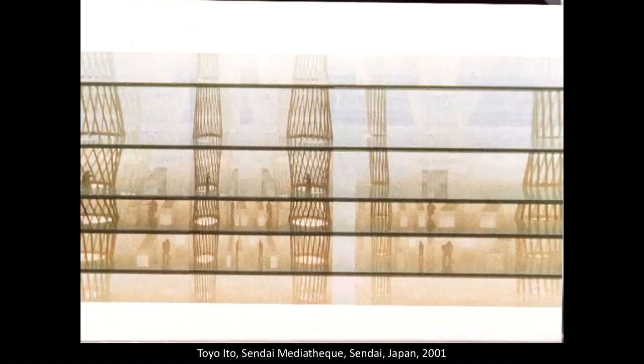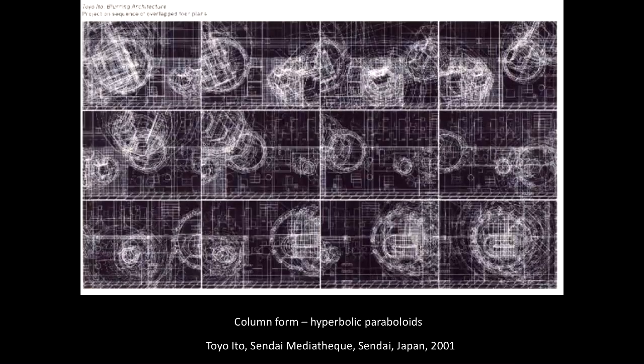These are just some sketches by, I think, Ito, showing from each floor, as you can kind of see here, each span from floor to floor of these columns is also different, and they create a little bit of a different floor plan in each one. These are just some of the structural drawings, and I guess the basic form that the structural engineer started out with was a hyperbolic paraboloid.